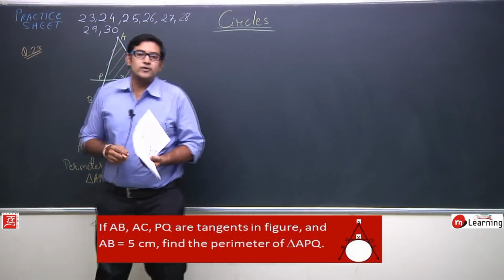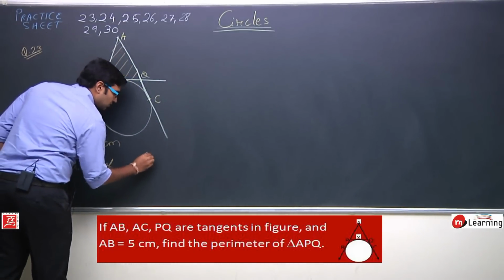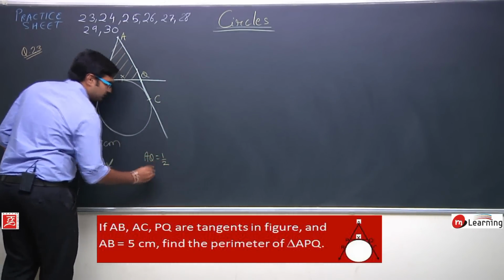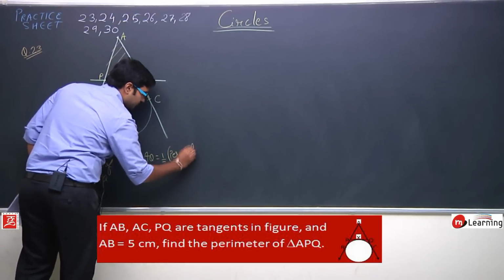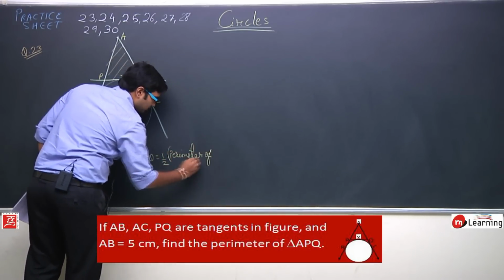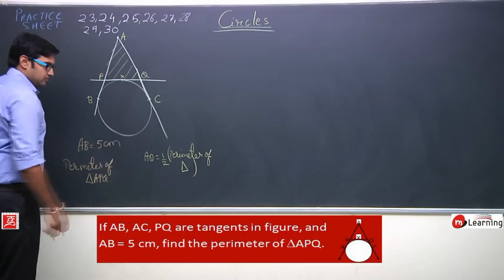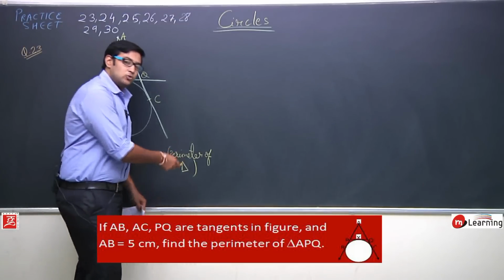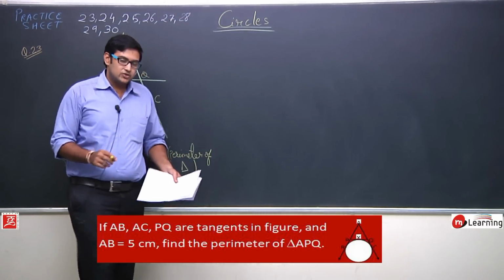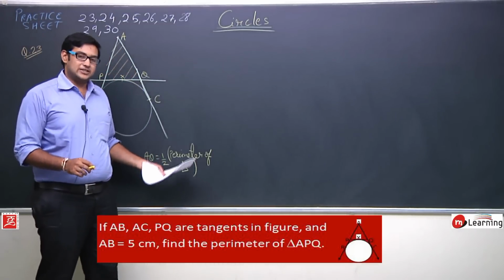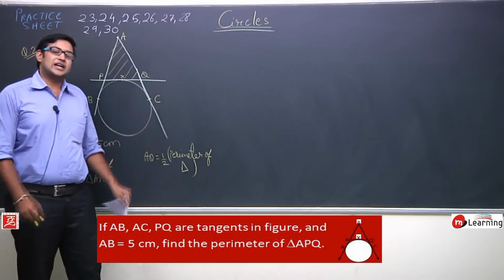And we proved a relation that AQ is equal to half of the perimeter of the triangle. We have proved this relation already, so you know very well how to prove it. In this question you need to prove this relation first, and using this relation you need to determine the perimeter of this triangle.